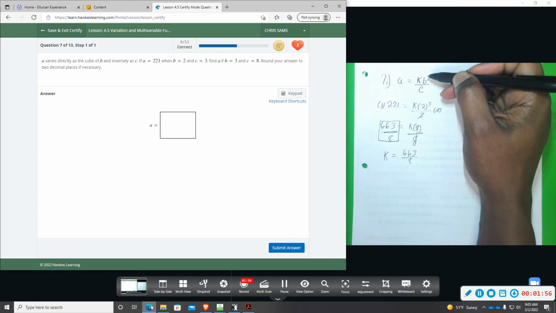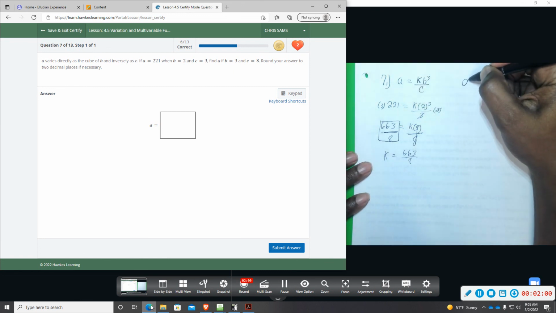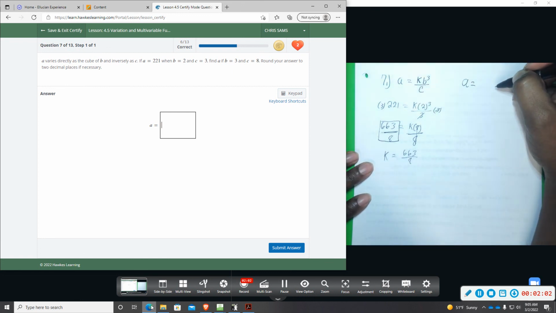Now we are going to plug this in to K and then figure out A for the second part. So it says find A, so now we're looking for A. So we don't know A. A equals, and let's go ahead and set this up, K, which is, since it's a fraction, you can write the 663 above the line and the 8 below the line. So that's K, 663 over 8. And then this time B is 3.